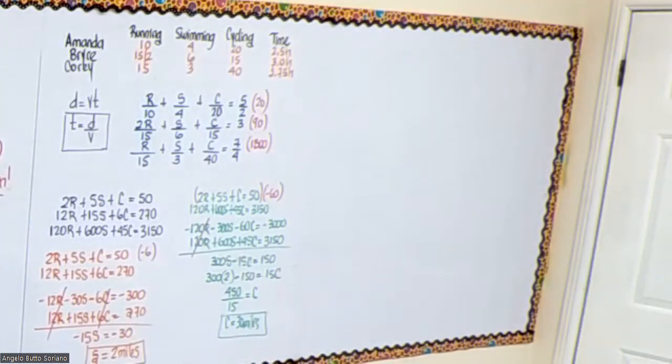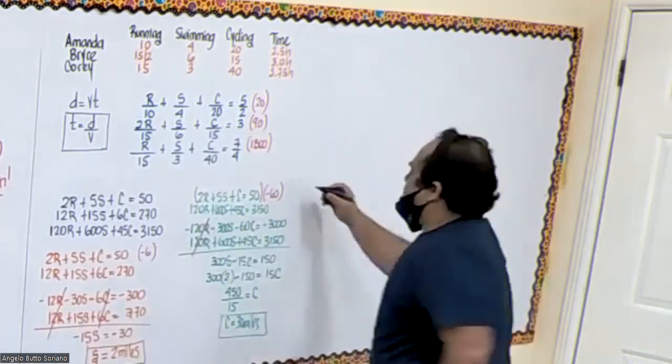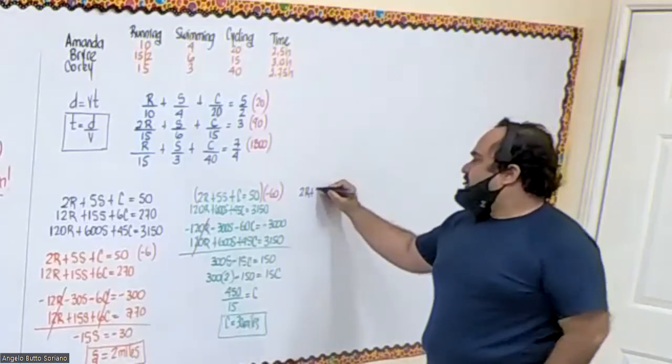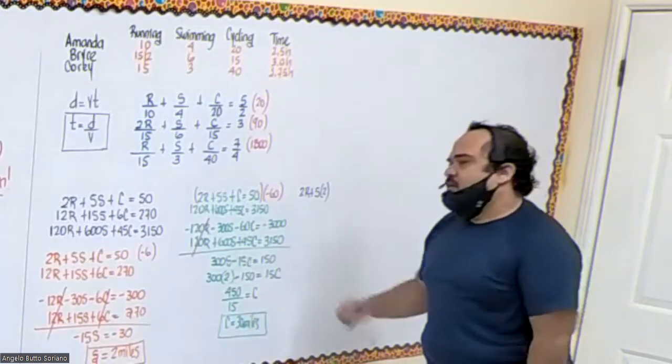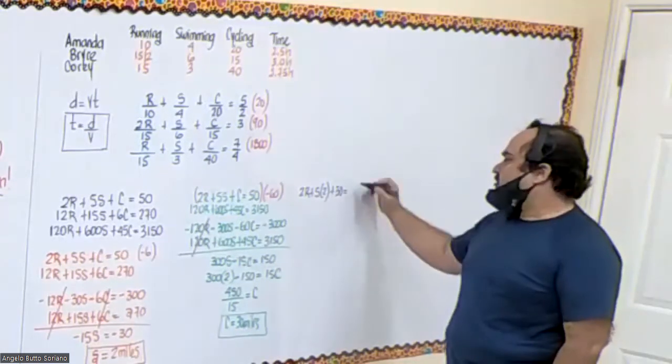Well, and now, at the moment of truth, we can use the first equation to solve for r. We got 2r plus 5 times 2 plus 30 equals 50.